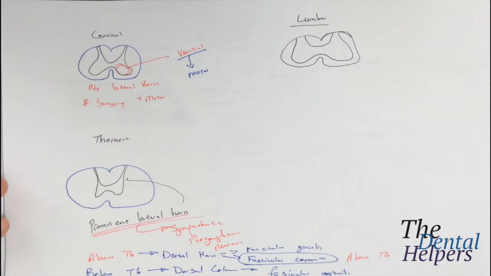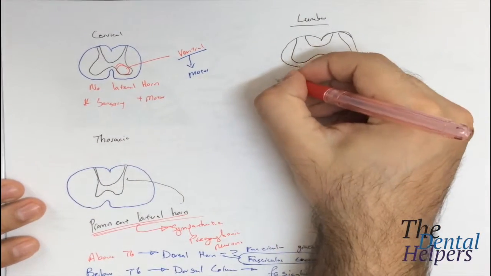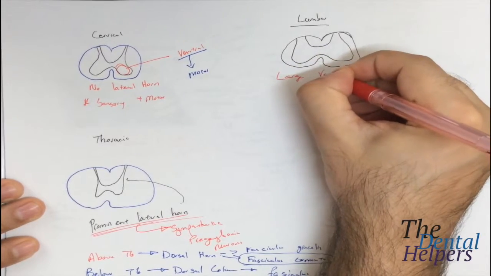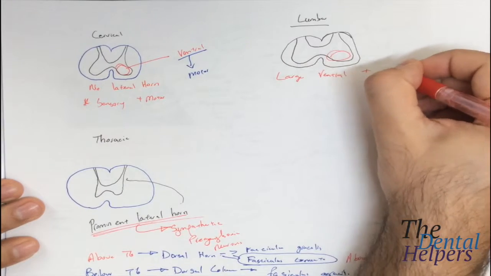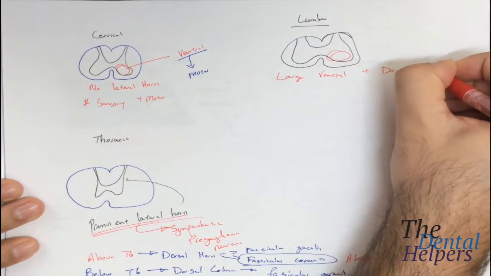This one, unlike the cervical and thoracic, it has a large ventral plus dorsal horn.